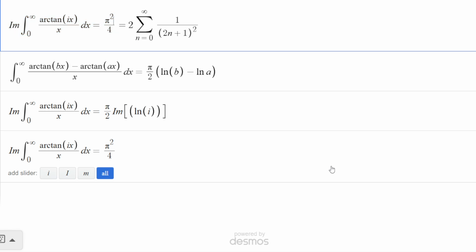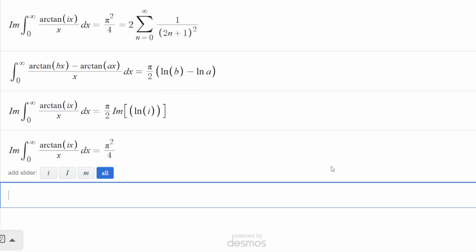Now our goal is to show that not only is it equal to pi squared over 4, but that it's also equal to this sum. And that's going to be a little bit more difficult. How should we do this? Well, let's start at the very, very beginning.